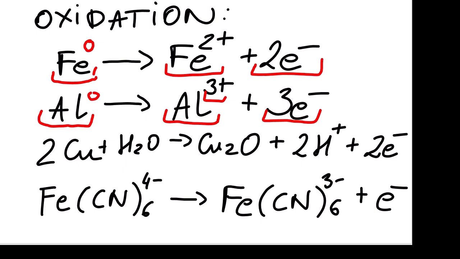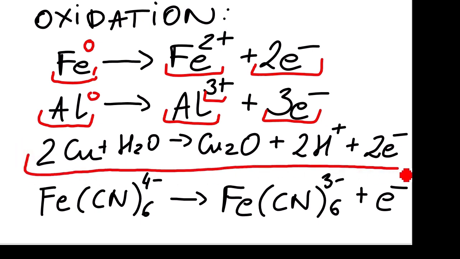Another 2 examples, more complex, yes? This one, the third one. We have a reaction. We have 2 atoms of metallic copper with the oxidation state equal to 0.